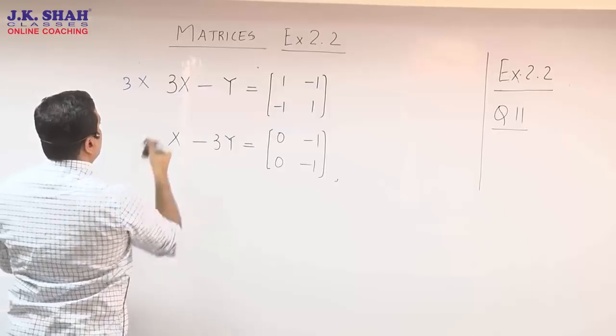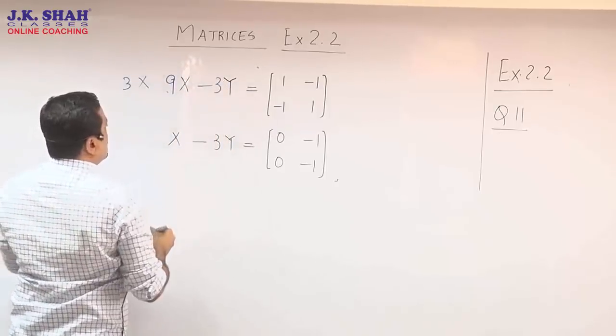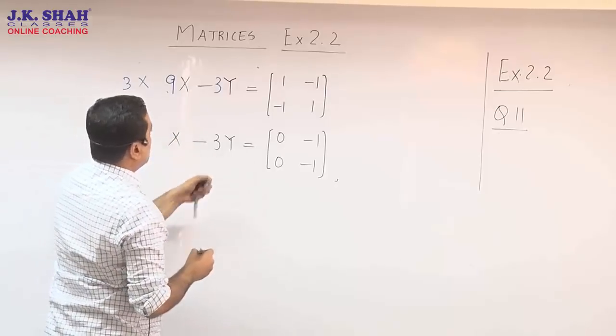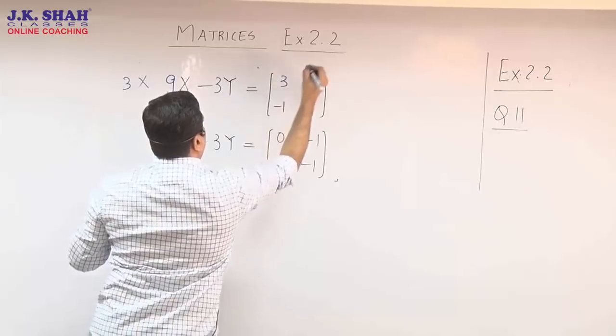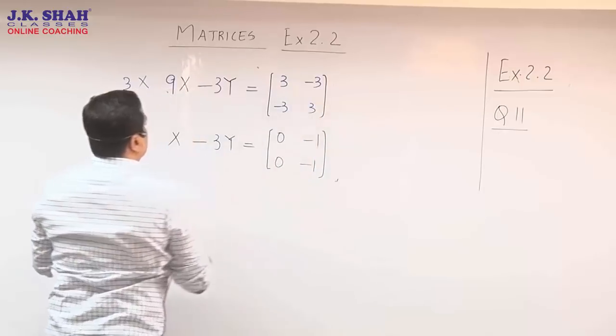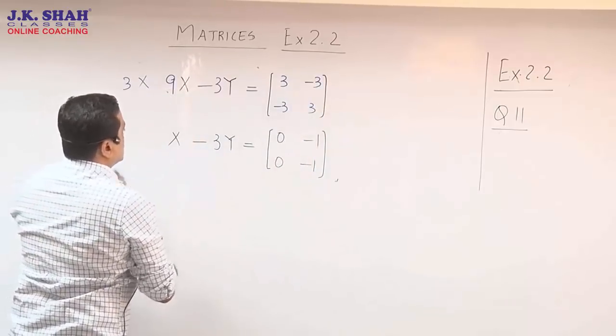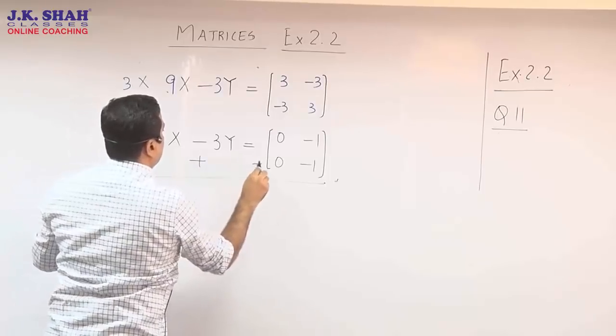So it's going to be 9x, 3y. When you have to multiply the full equation by 3, that means even the matrix needs to be multiplied by 3. So it's going to be 3, minus 3, minus 3, 3. Now there is a sign change, so we go for subtraction. Minus plus minus, so that's gone.